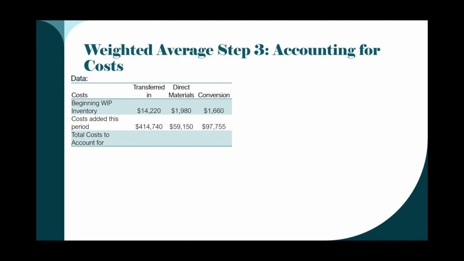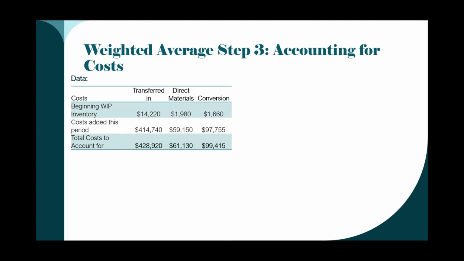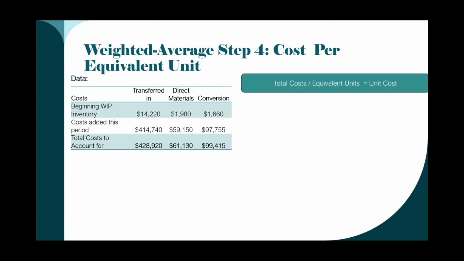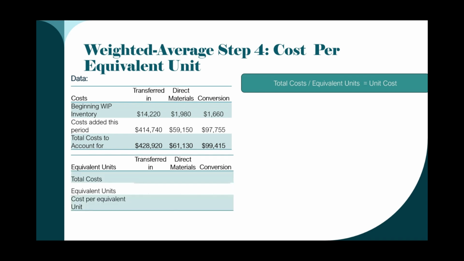Next, we can look at our costs. Here we have our costs to be accounted for. We're going to take our beginning work in process costs plus the cost added this period to get us our total cost to account for. Now we can calculate our cost per equivalent unit. To calculate cost per equivalent unit, we need total cost and the equivalent units.